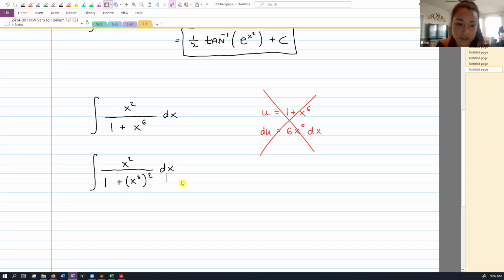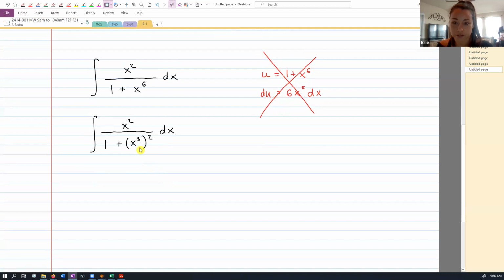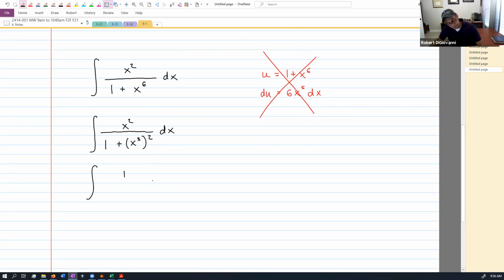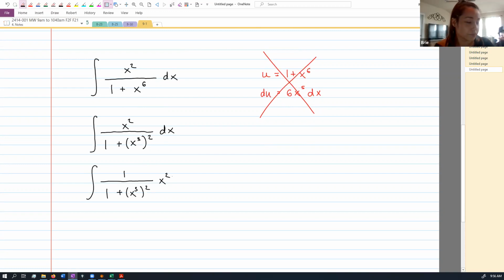Oh, and pull out x squared. How do you mean pull it out? Like, can you make it 1 over 1 plus? Oh, sure. If you want me to write it that way. Yeah, that's fine. I can do that. Like that. Yes. Okay.